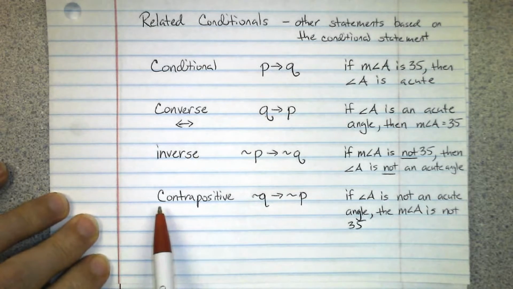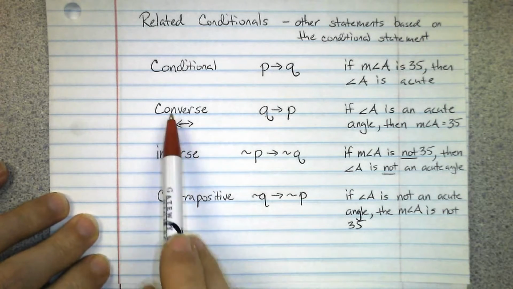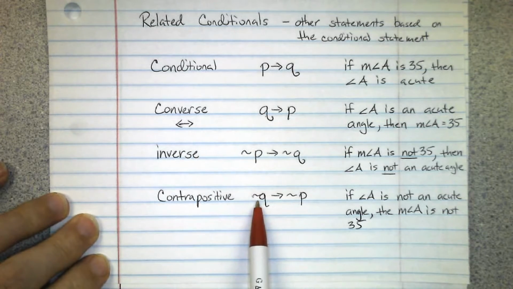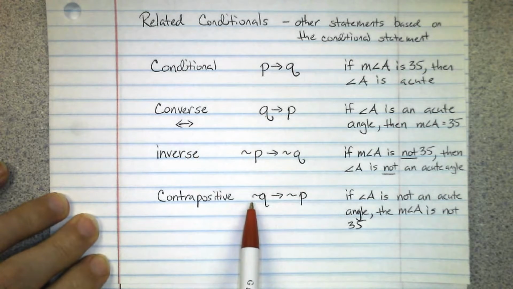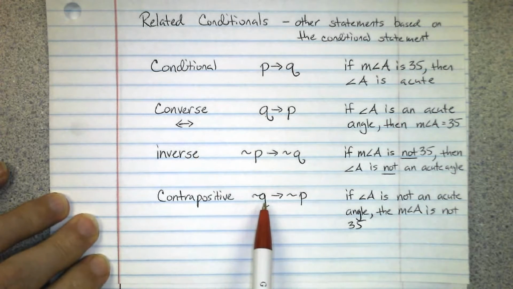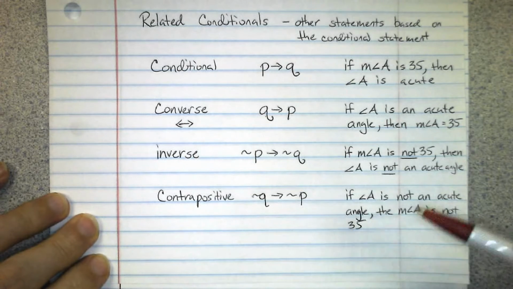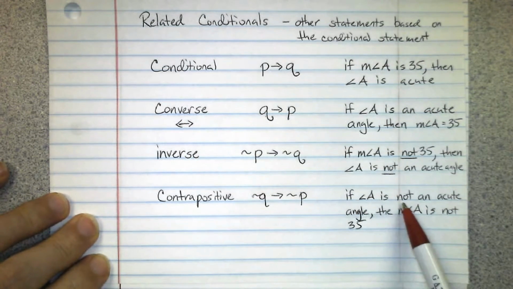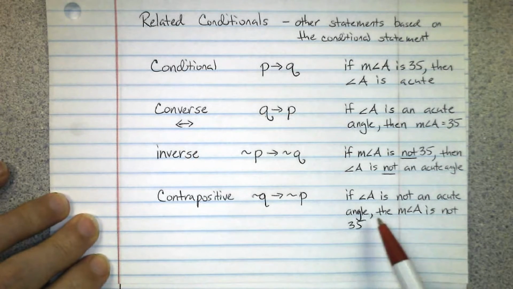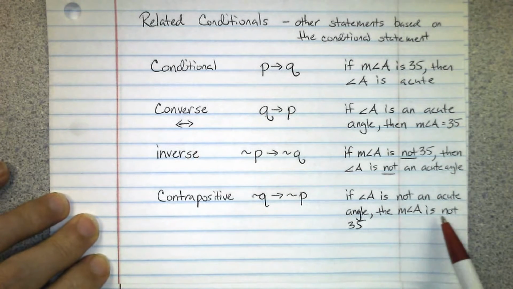This is where we take the converse and we use these guys. So, if not Q, then not P. Take a look at the similarities here. If angle A is not an acute angle, then the measure of angle A is not 35. Take a minute, look that over.